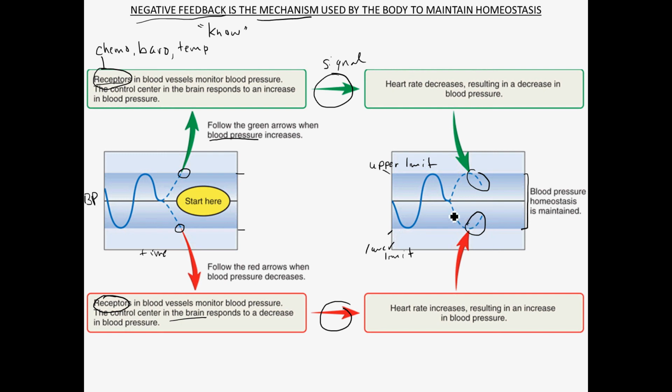It's negative because as you approach the upper limit, the response is going to be to go away from that upper limit or away from that lower limit back to the middle here, right? And so that's why it's negative, right? One way you can think of why it's negative is you're going away from. You don't want to stay above that upper limit or below that lower limit, right? So this is negative feedback mechanism.